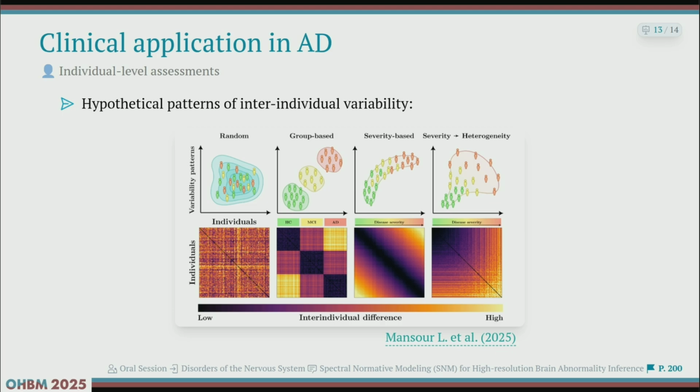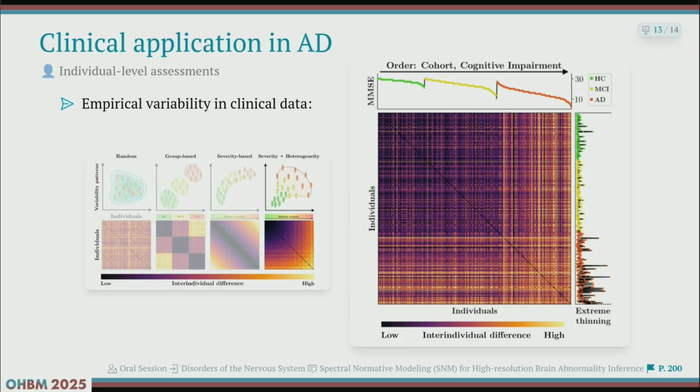It could have been a progression severity-based pattern, or it could have been that those with Alzheimer's are just having more different brains, not just to healthy ones, but also amongst themselves. And that's actually what we found in our empirical data. Those that have Alzheimer's, not only are they different from people who are healthy or with a mild cognitive impairment, they're also very different amongst each other.